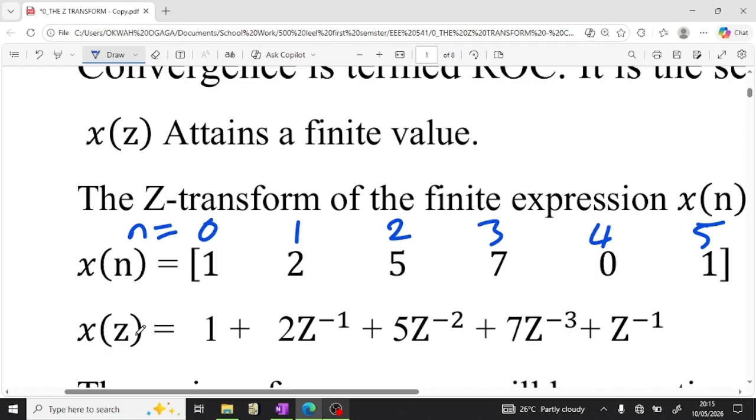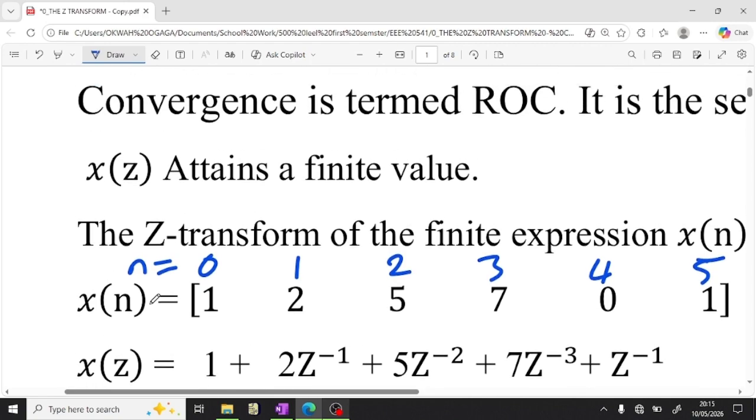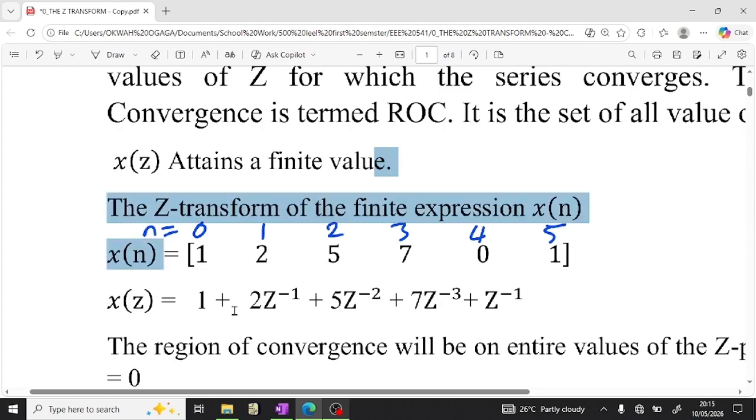Then the z transform will be what? Let's see if we can quickly work this out.